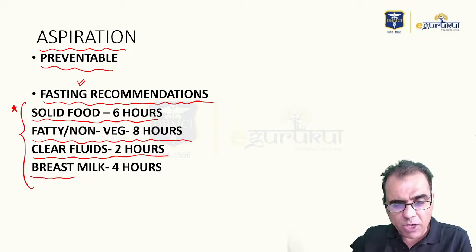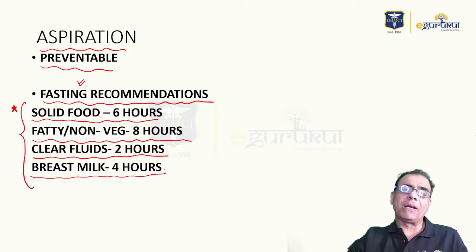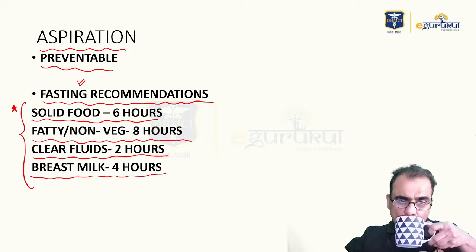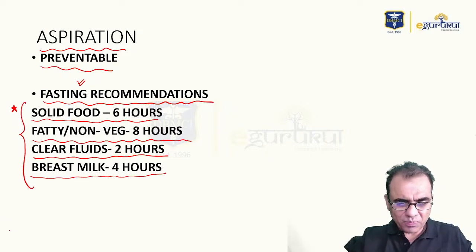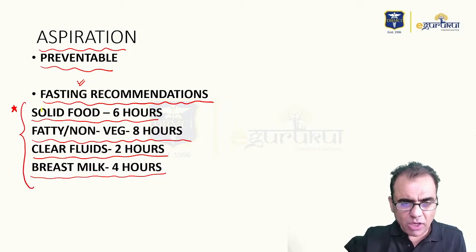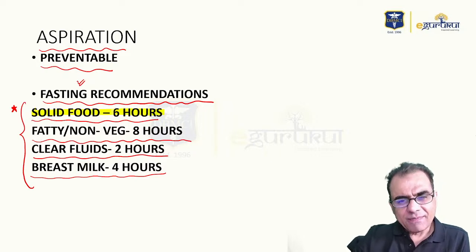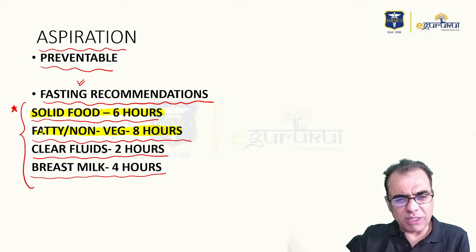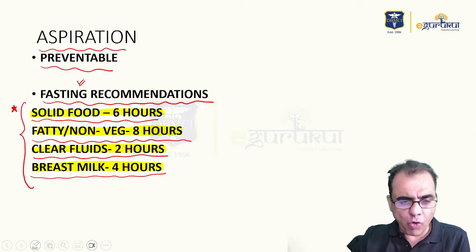While if the baby is on breast milk, that can be continued up to 4 hours. So solid food, 6 hours; fatty or non-veg food, 8 hours; clear fluids, 2 hours; while breast milk can be given up to 4 hours before the surgery.